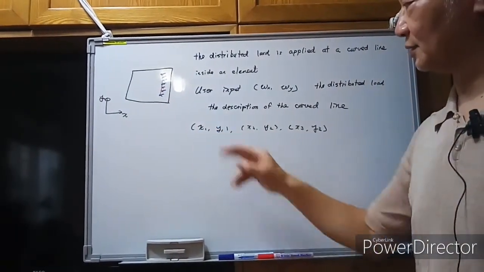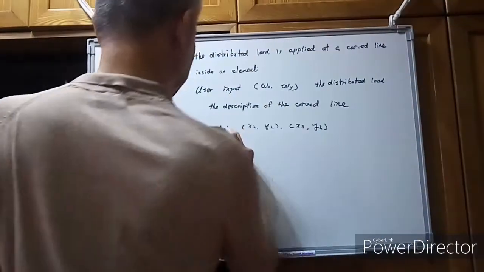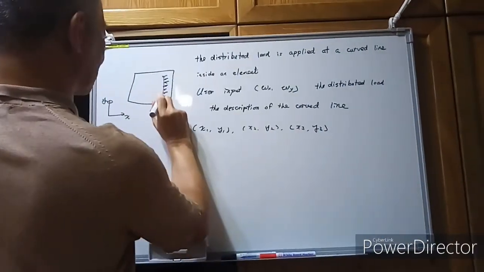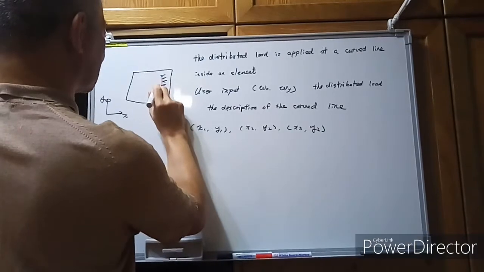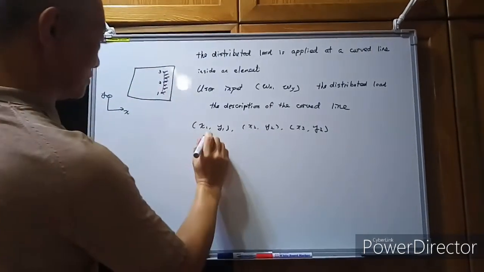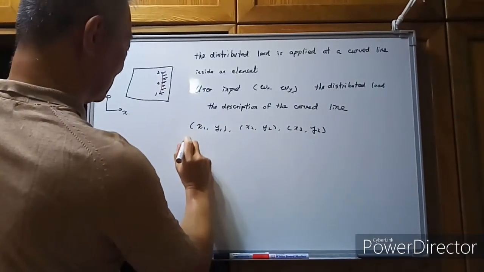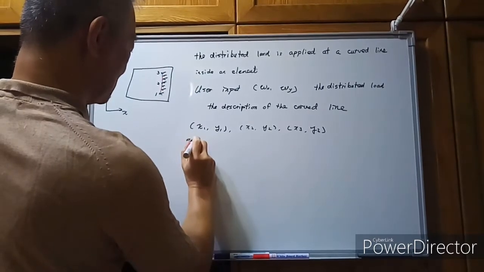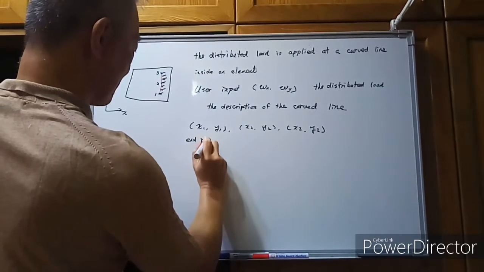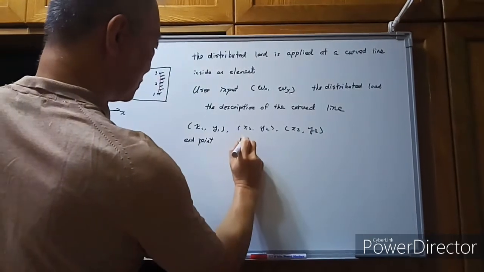So most of the time, the program will ask the user to input for these three. That's the 1, that's the 2, that's the 3. So the point 1 is the end point. That's the middle point.